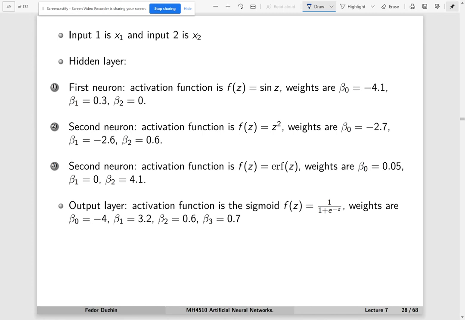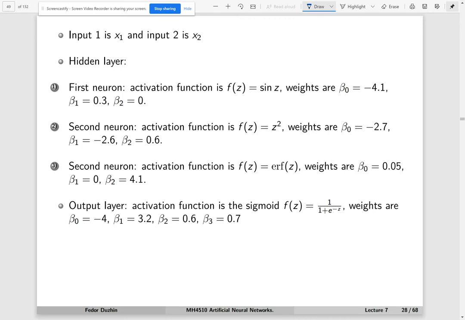And the output layer, right? The activation function is the sigmoid, and again we have some other weights. And notice that since the output layer sits on top of layer 2, which has 3 neurons, every neuron in layer 2 is supposed to construct one of the inputs for the output layer.